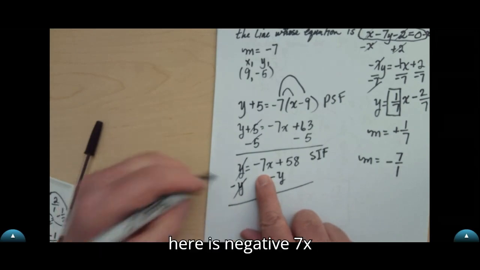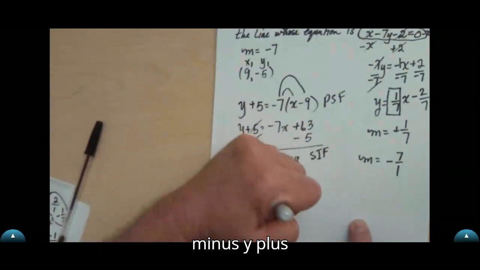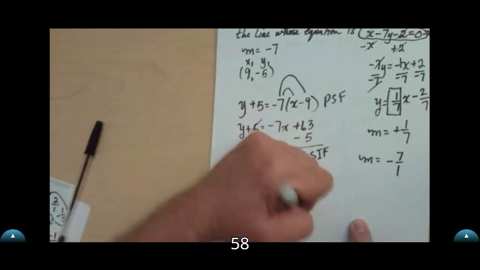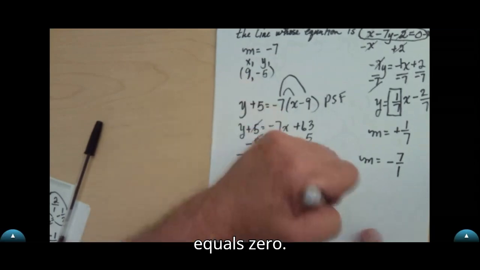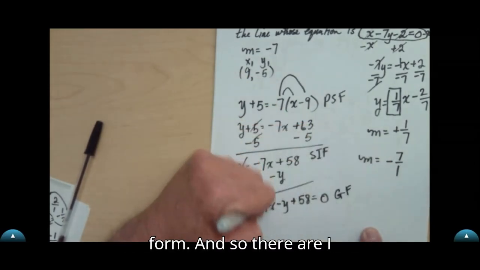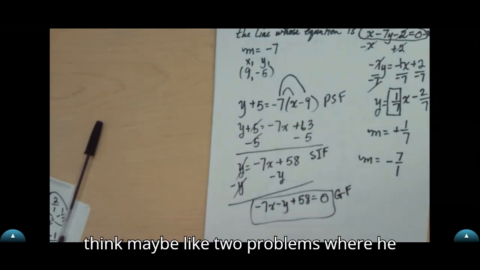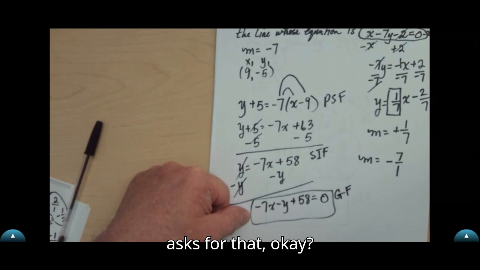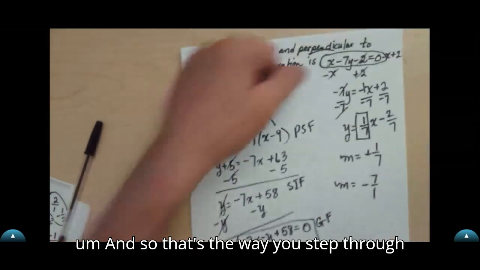And so what I've got here is -7x minus y plus 58 equals 0. And that's what he's calling general form. There are maybe 2 problems where he asks for that, okay? And so that's the way you step through it.